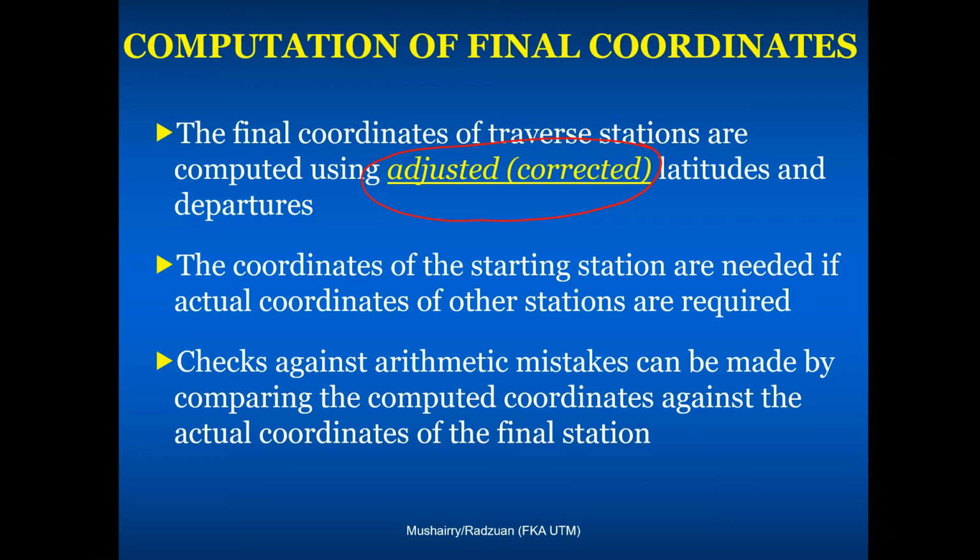Okay, so before you could start calculating coordinates, normally you will need the coordinate of the starting station, either given or you have to get it from any existing records that are available.